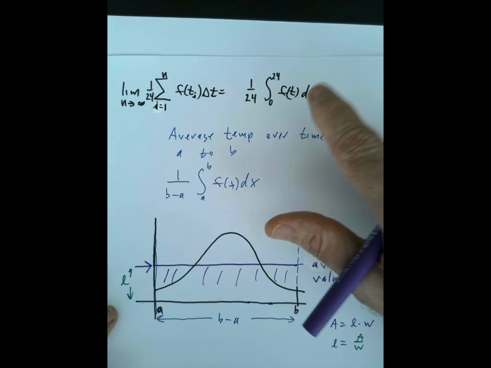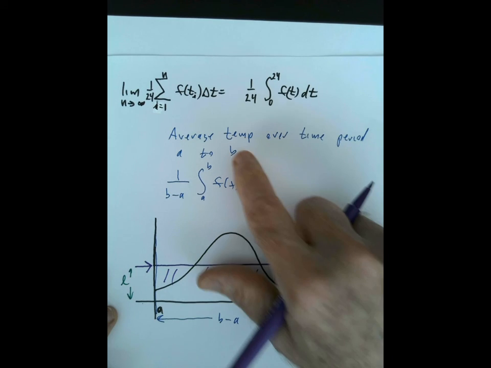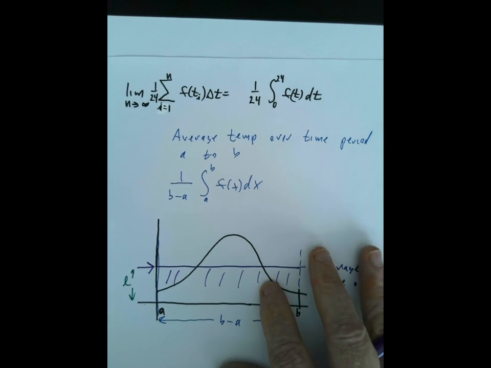So we're going to take the definite integral, which is the area under the temperature curve, and then simply divide it by 24. Okay? Now that leads us in general to this averaging formula.